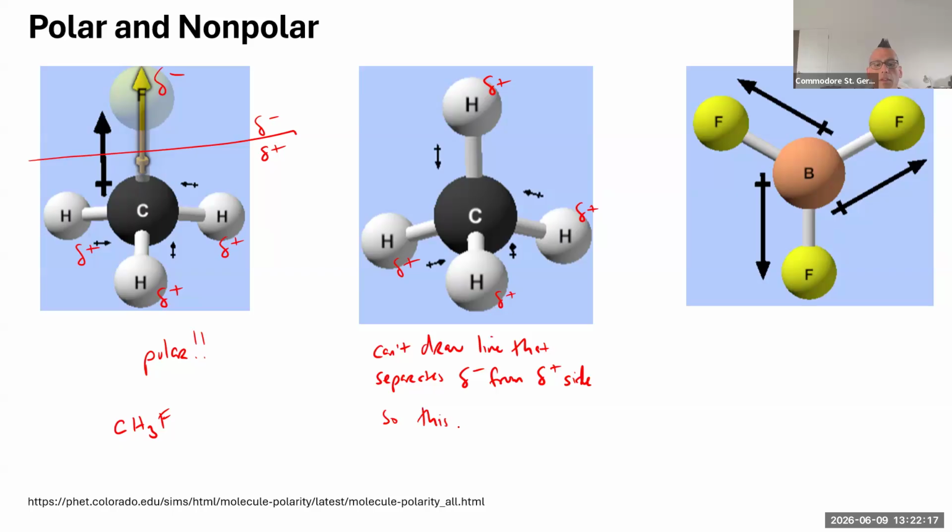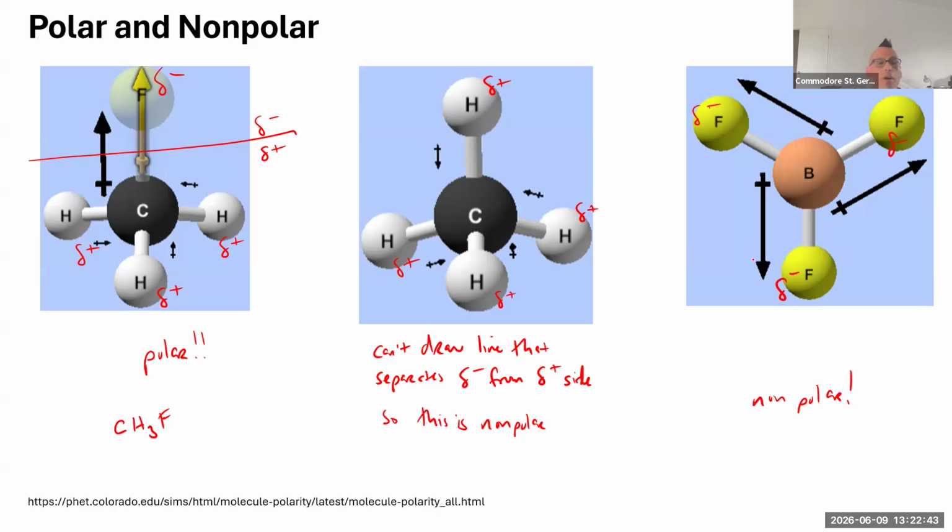So this is non-polar. Same thing here: partially negative, partially negative, partially negative. Non-polar, right? Because you cannot draw a line that separates the negative side from the positive side.